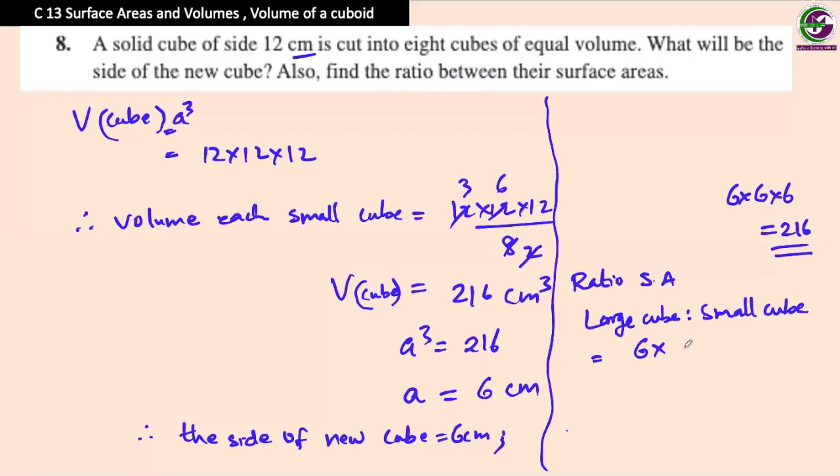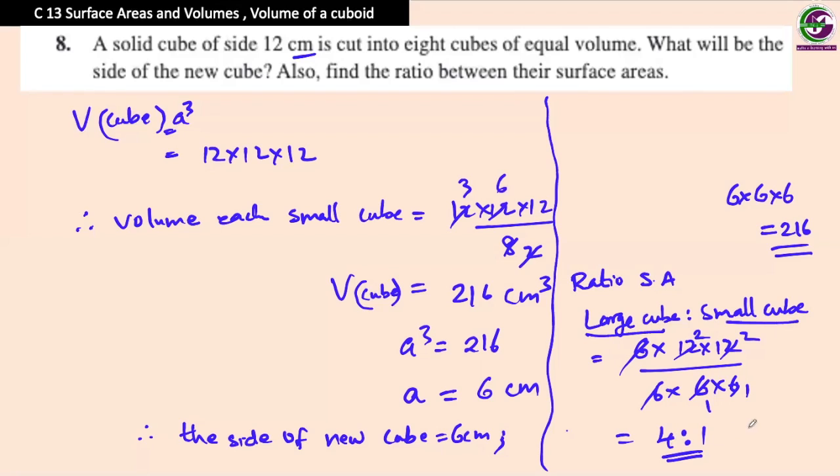So 6 times 12 times 12 divided by 6 times, small cube has a side of 6, so 6 times 6. So we can simplify them, 2 and 1, 2 and 1. So it will be 2 times 2, 1 times 1. So 4 is to 1. Ratio of large cube to small cube is 4 is to 1.